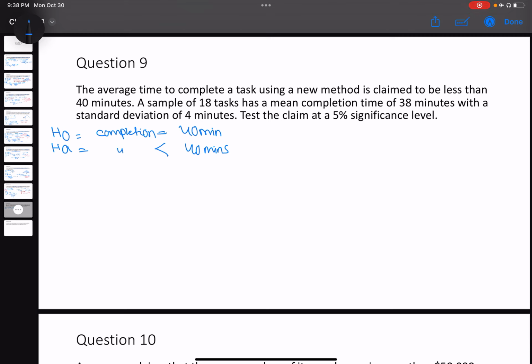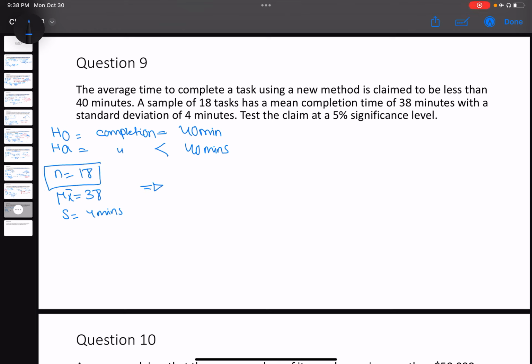A sample of 18 tasks has a mean completion time of 38 minutes. n equals 18 of the sample distribution. x bar equals 38 and s equals 4 minutes.